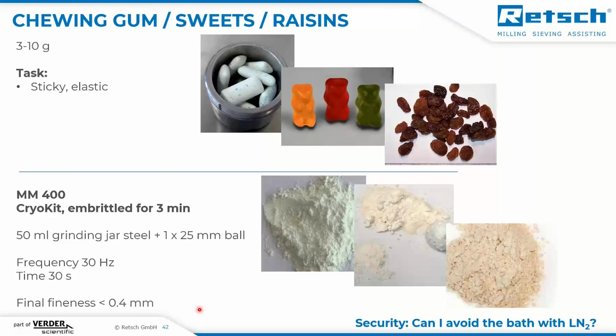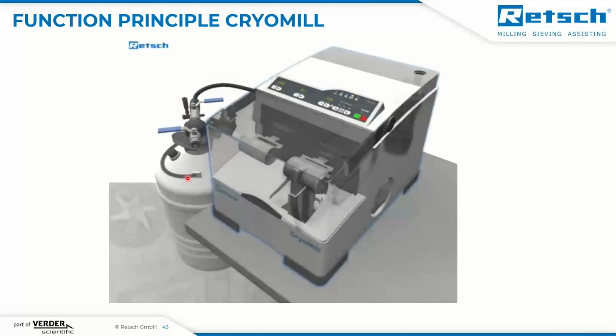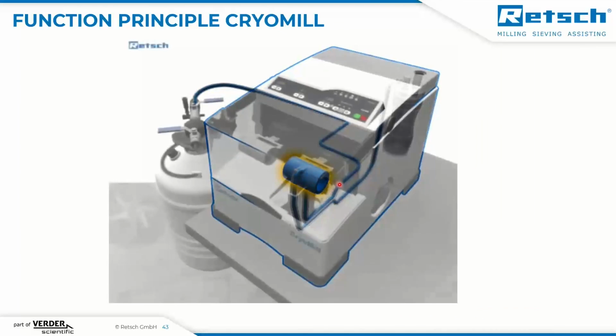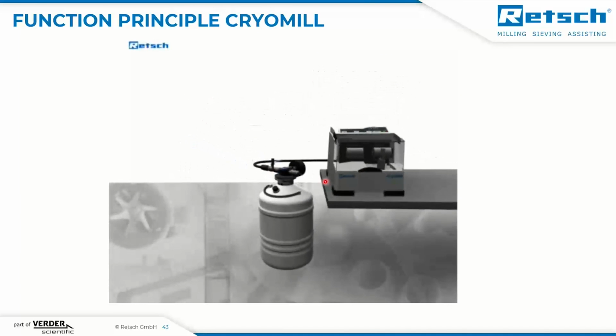If we would like to avoid the bath with liquid nitrogen, might be for a security reason in your labs or maybe personal preference, then we can work with a cryomill, which works with this autofill system. So here the liquid nitrogen is automatically flushed in this jar holding position where the jar is just clamped in. It's still indirect embrittlement of the sample, but the advantage is that you do not have contact to any liquid nitrogen at any time.